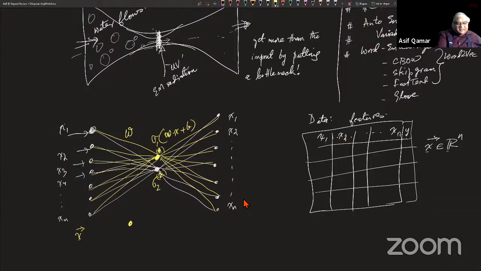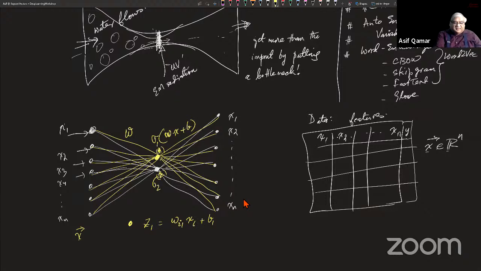You would agree that Z1, the input to neuron A, is just the weights W associated with the input, W_i1 x_i, plus V1.